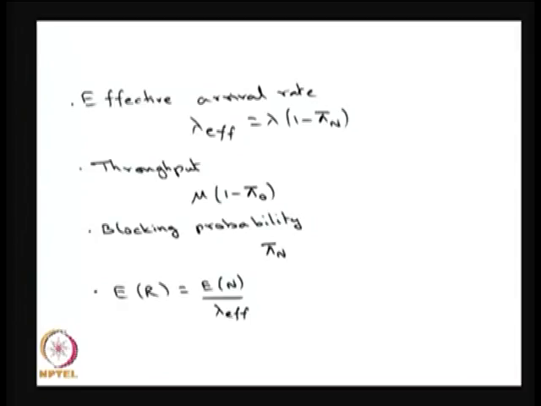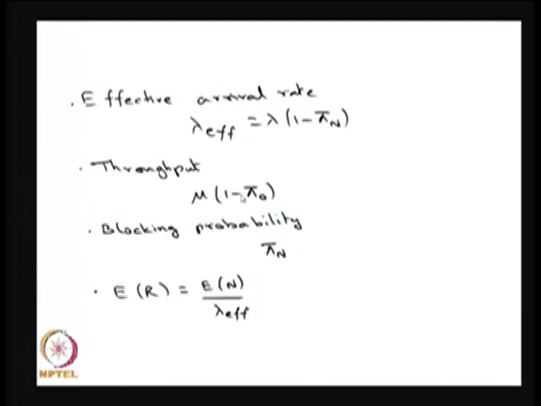And you can also find out the throughput. Throughput is nothing but the rate at which the customers are served per unit of time. The service rate is mu, and this is the probability that the system is not empty, 1 minus pi naught. Therefore, (1 minus pi naught) times mu, that is the rate at which the customers are served in the M/M/1/n system.